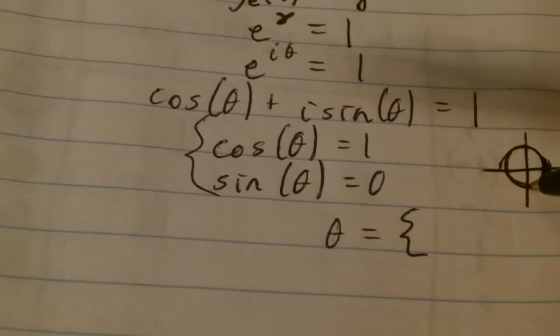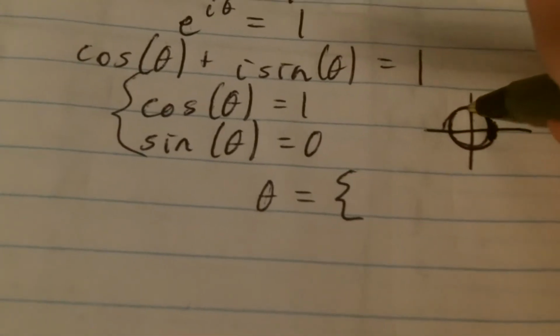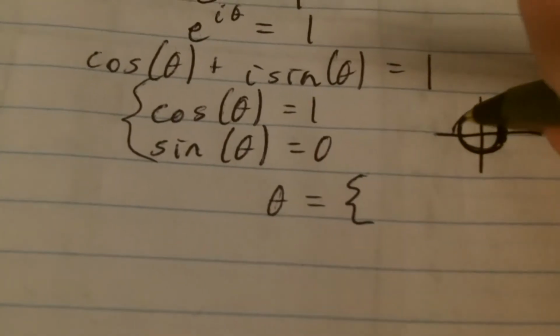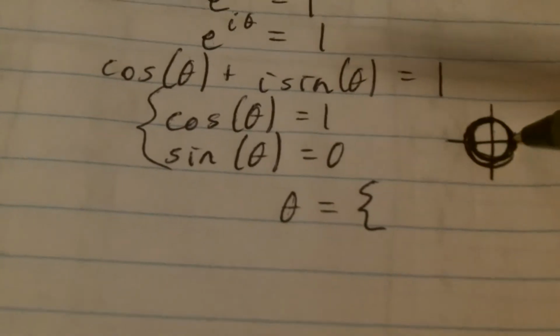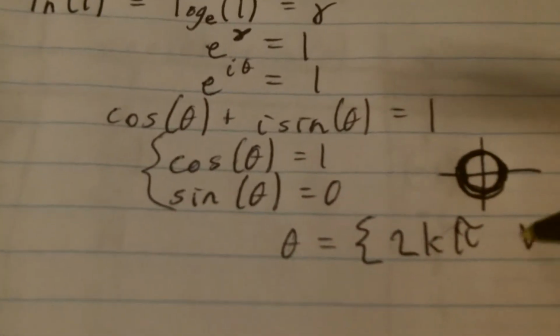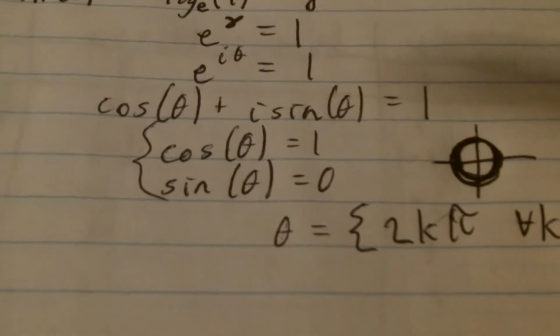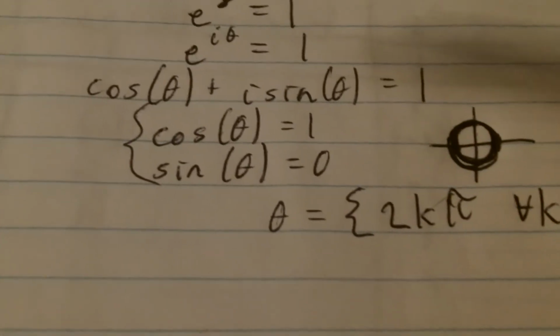Not just 0, but also positive 2 pi, 4 pi, 6 pi, and 8 pi, because it's every full revolution. A revolution is 2k pi, for every value of k in Z, the set of integers.